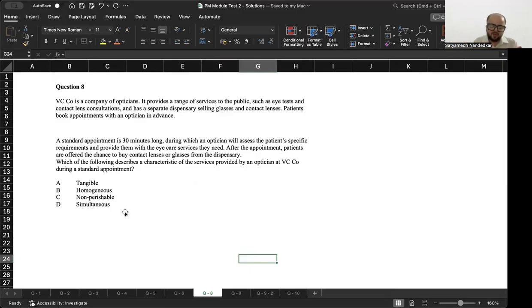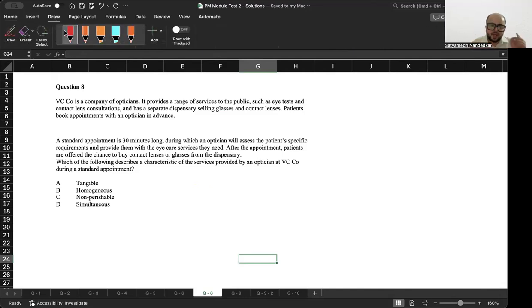It's perishable that way. Once consumed, it's over. And simultaneous. An optician is someone who checks the number of your retina or whatever it is. So when he's checking the number physically, that is when you are getting the result out of it. So it's happening at the same time, hence the answer is simultaneous. Okay.